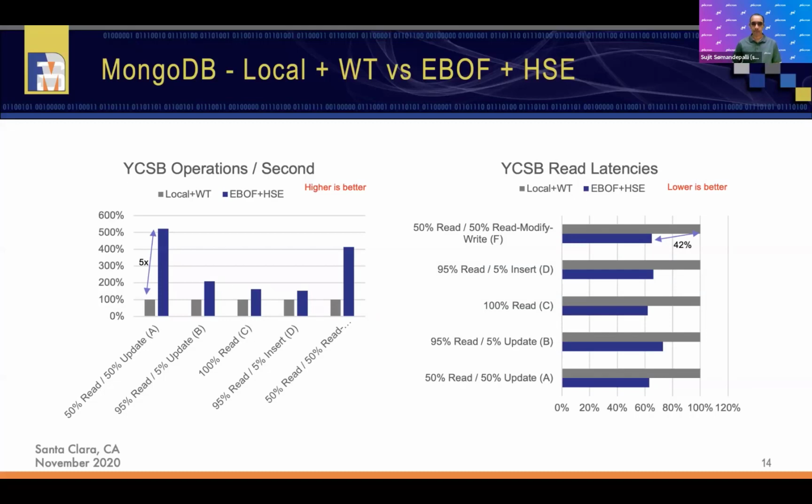We see improvement in performance across the board for all the workloads, but workload A has much higher improvement. This clearly shows that Micron's HSE not only increases the performance of your application, but it can also do it extremely well when used over the network using NVMe over Fabric.